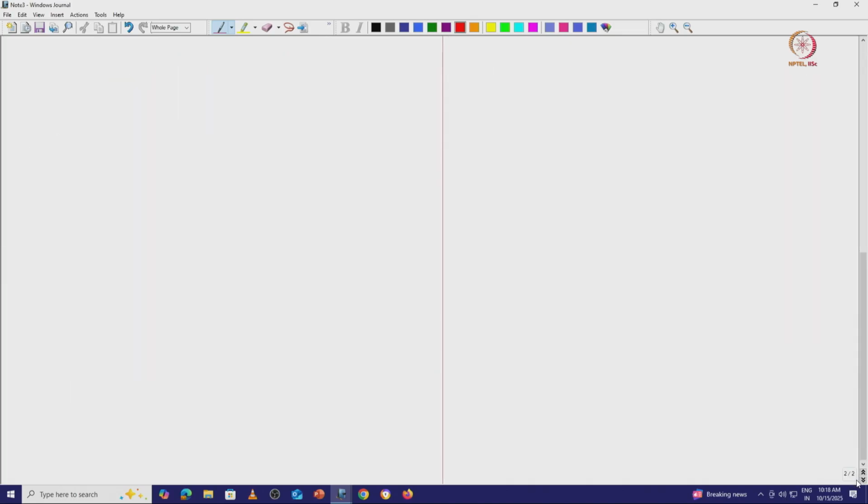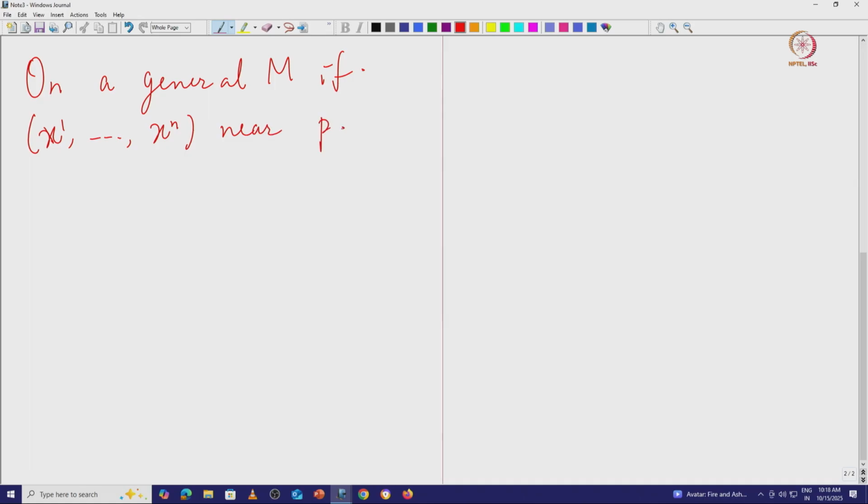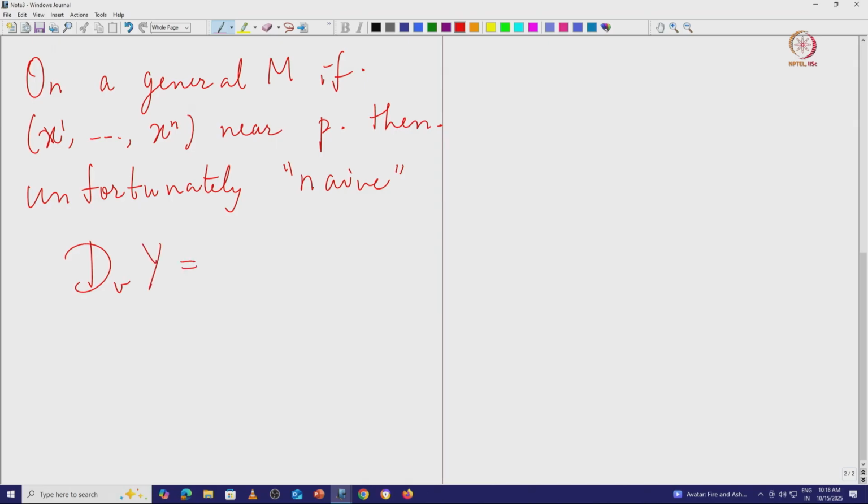Okay, but on a general manifold, one could try to do the same by choosing a set of local coordinates near p. Then unfortunately this naive definition is not coordinate independent.